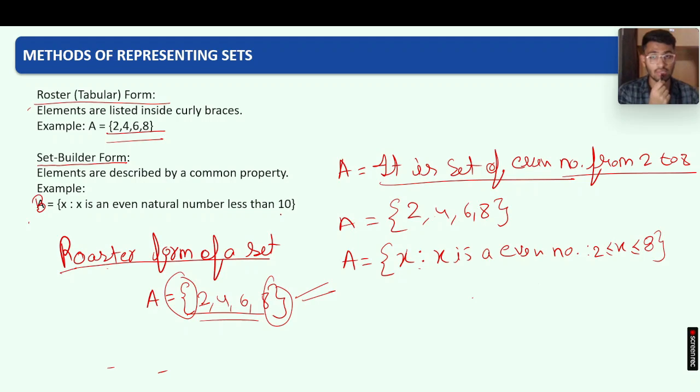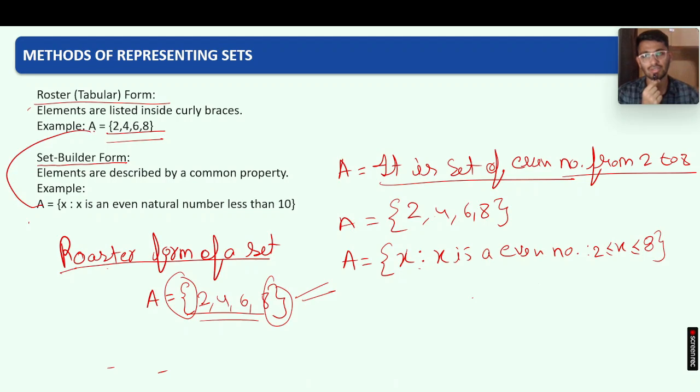The numbers less than 10 are 9, 8, 7, and since natural numbers must be greater than 1, and they are even, they are 2, 4, 6, 8 only. So that is A only.